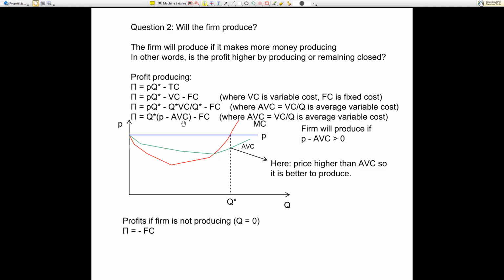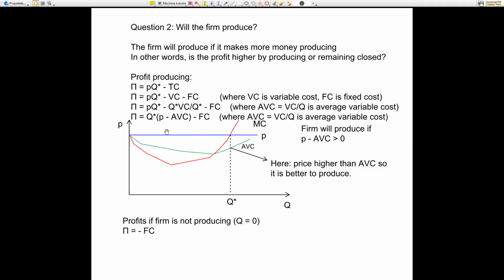Then I put Q star in front of everything, and I get that the profit is equal to the quantity produced multiplied by price minus average variable cost, minus fixed cost. This is the profit I will make if I stay open today.